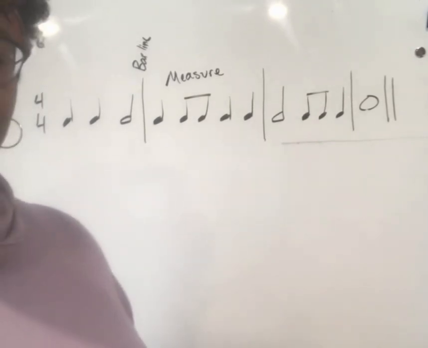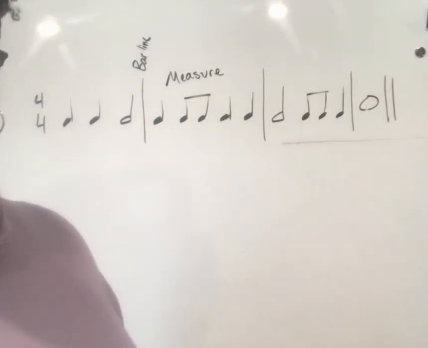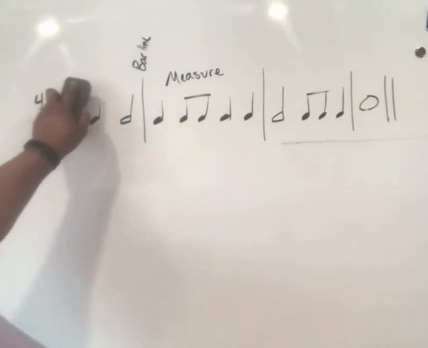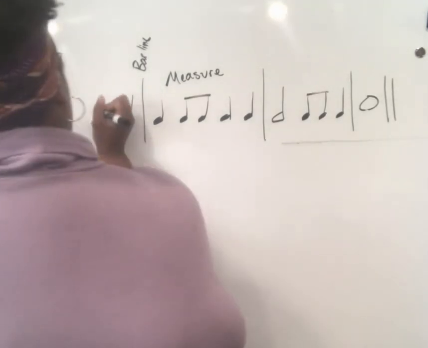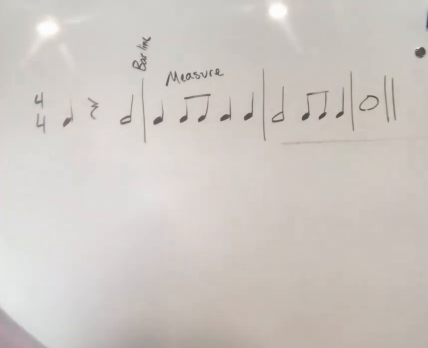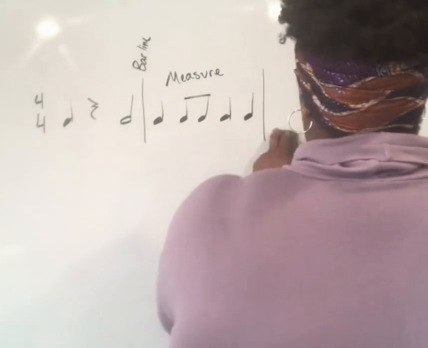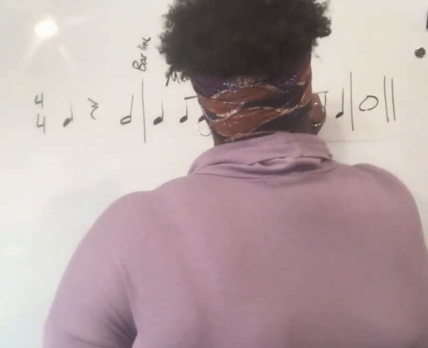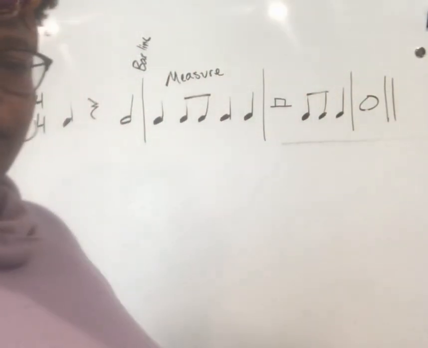Now each of these note values can be replaced by a rest. A rest has the same value as a note, but it's silent. So our quarter note could easily be replaced by a quarter rest. A half note can be replaced by a half rest.